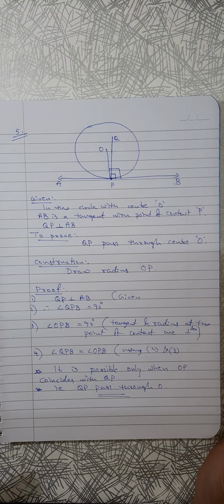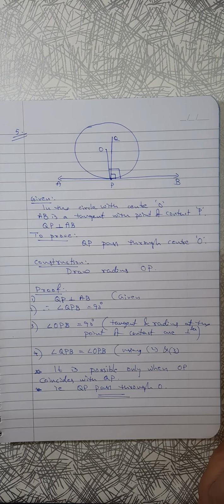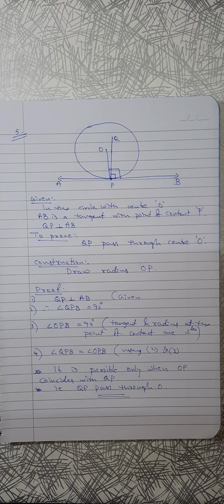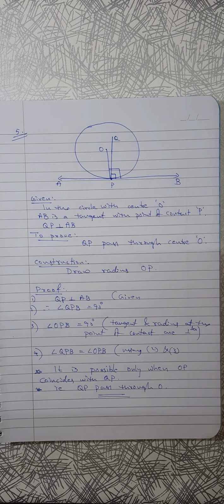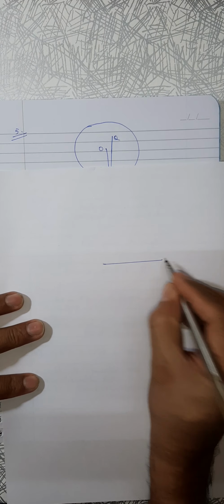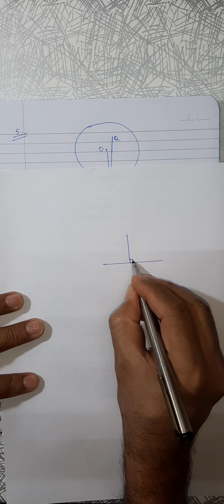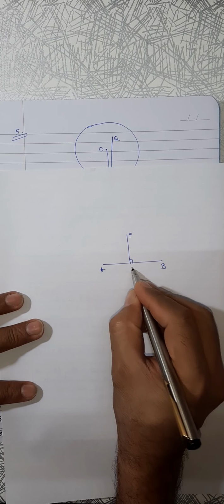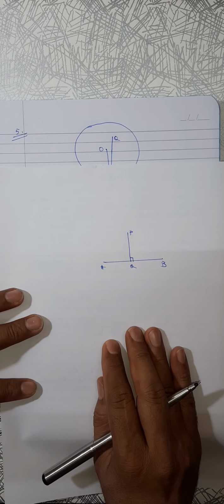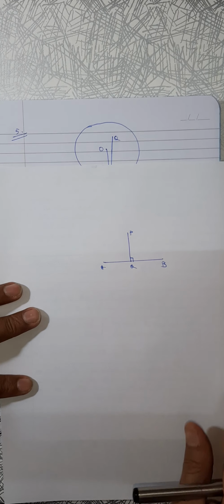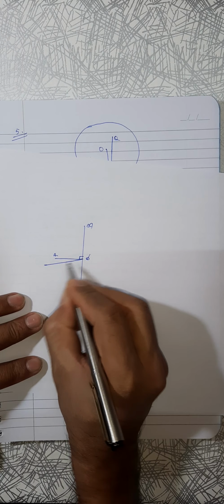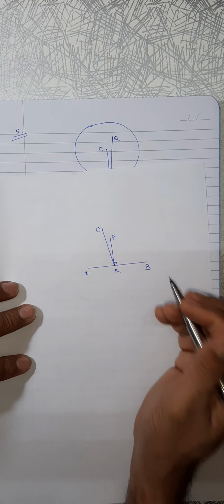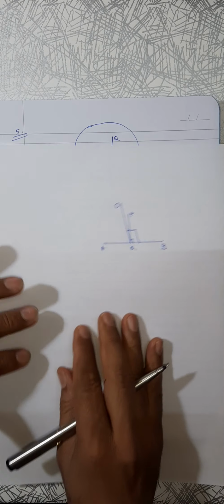See, I will explain with the figure. Okay, suppose there is a line. This is a perpendicular surely. Now AB here and PQ. Now if somebody is saying that OQ is also perpendicular, something like this, possible or not?